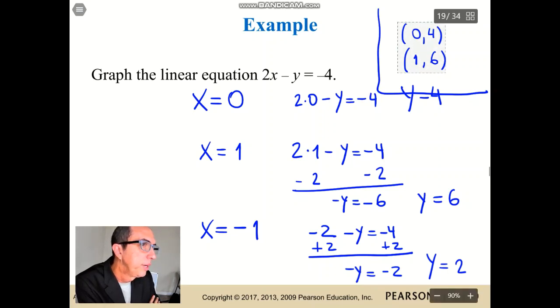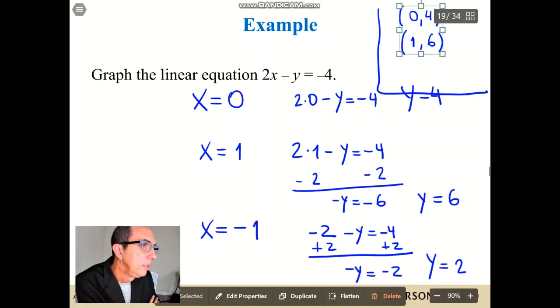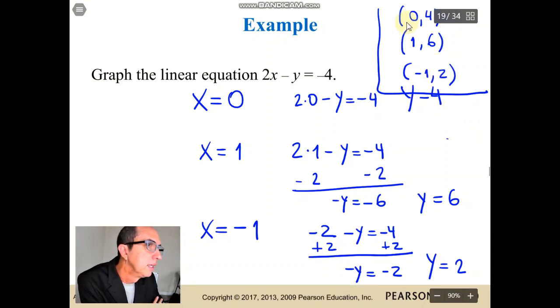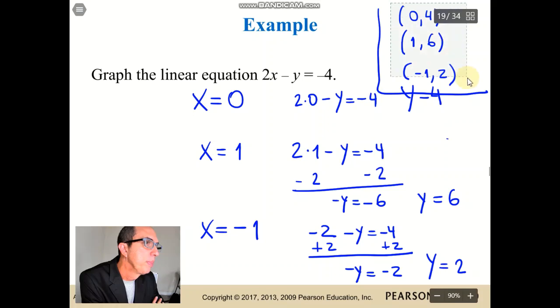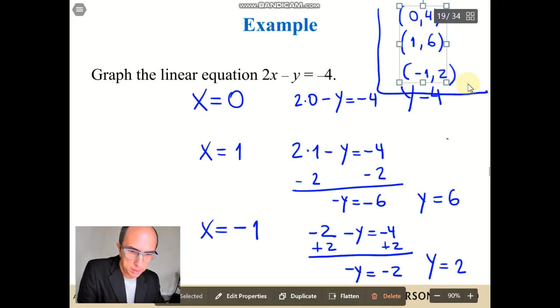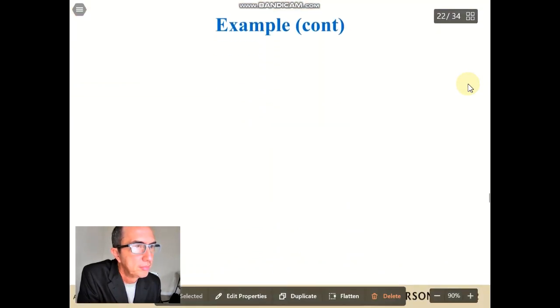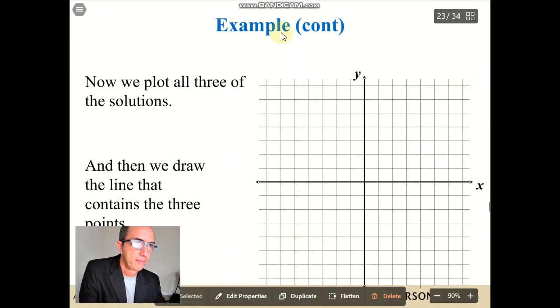The third order pair is going to be -1 and 2. Great. Let's get all the order pairs that we found. Copy the order pairs, and now let's go to the graphic.